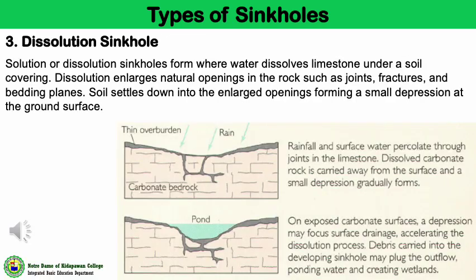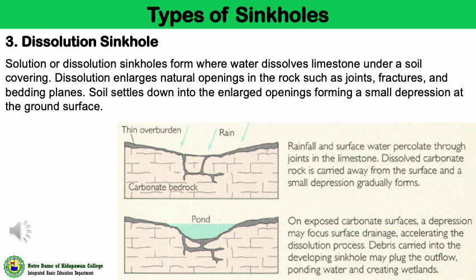The third type of sinkhole is called the dissolution sinkhole. Solution or dissolution sinkholes form where water dissolves limestone under a soil covering. Dissolution enlarges natural openings in the rocks, such as joints, fractures, and bedding planes.